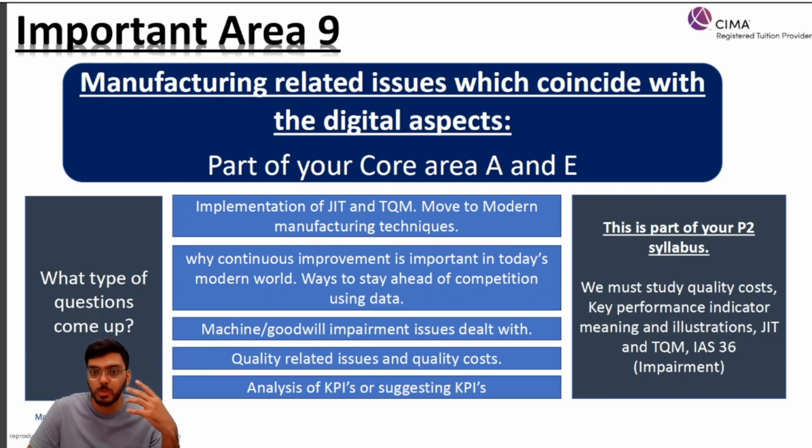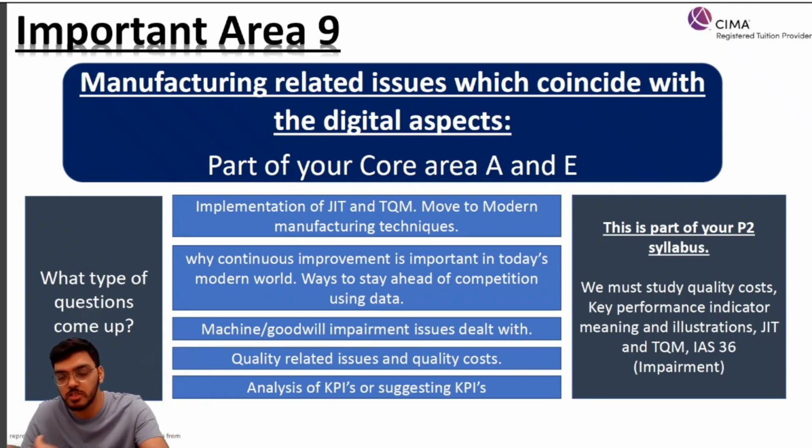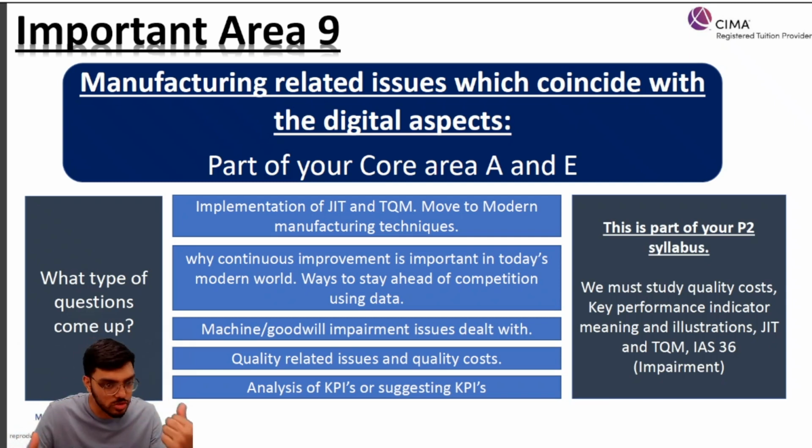When manufacturing comes to my mind, I'm thinking, what better modern manufacturing systems can my business use? If it's a manufacturing organization, you need to know JIT, TQM, what these methods are, how they can be implemented. These are modern manufacturing techniques.